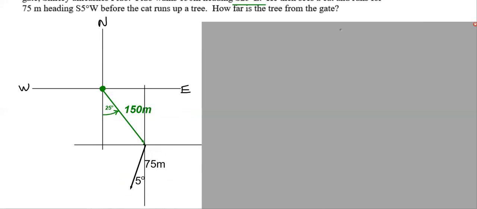And the question is asking for, let's see here, how far is the tree from the gate, sorry. So Fido ran and chased this cat up the tree. So there's the tree right there at this point. And the question is, how far is the gate from the tree?